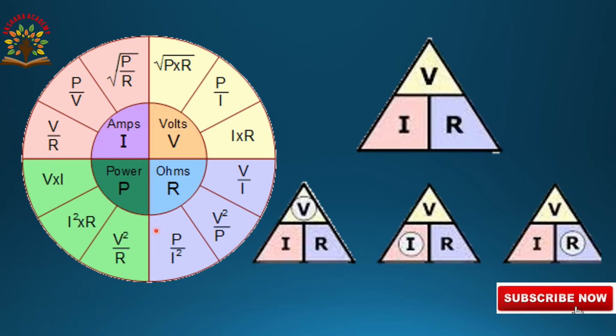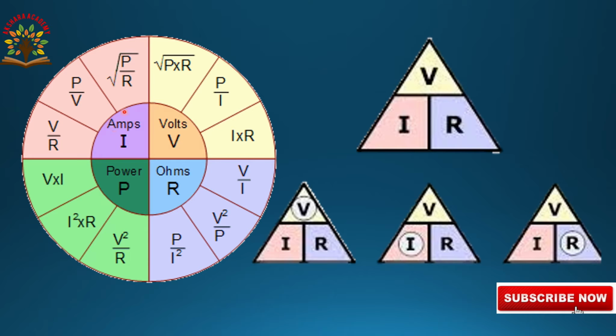In this pictorial representation, we write all the formulas. V is equal to root of P into R, or P by I, or I into R. R is equal to V by I, or R is equal to V square by P, or R is equal to P by I square.